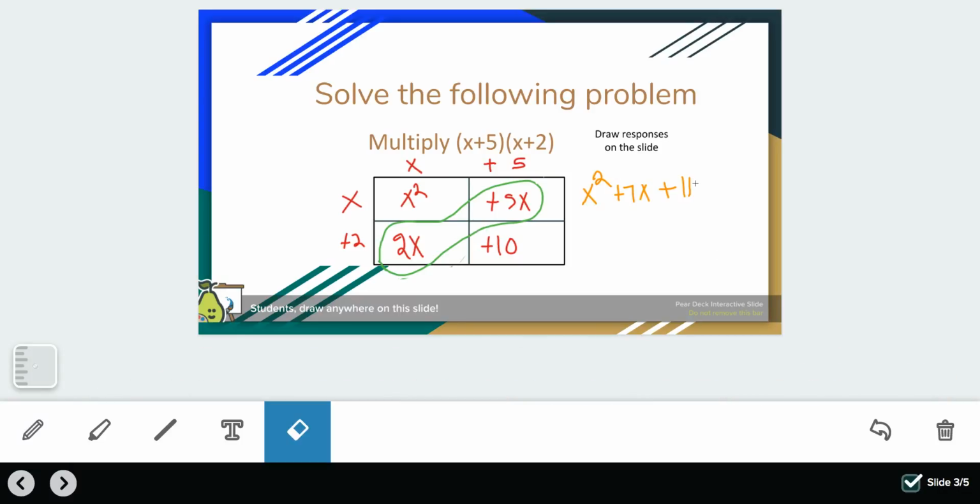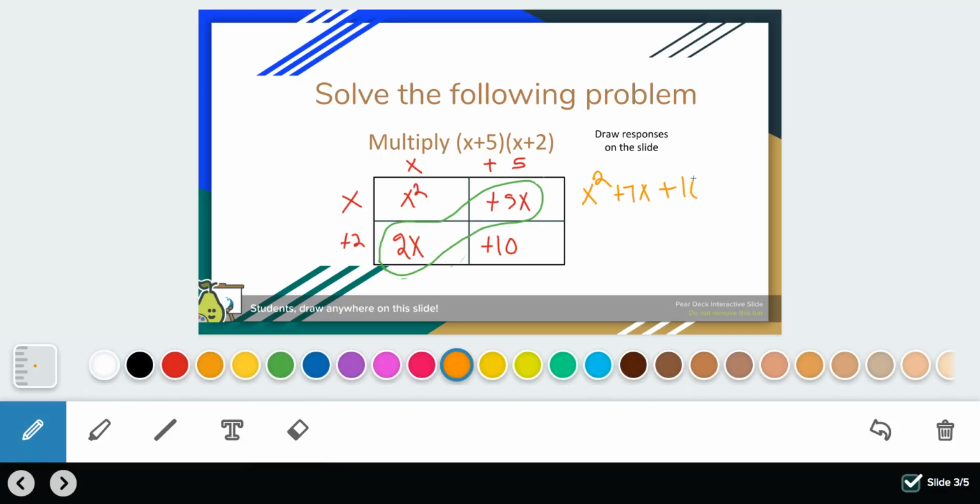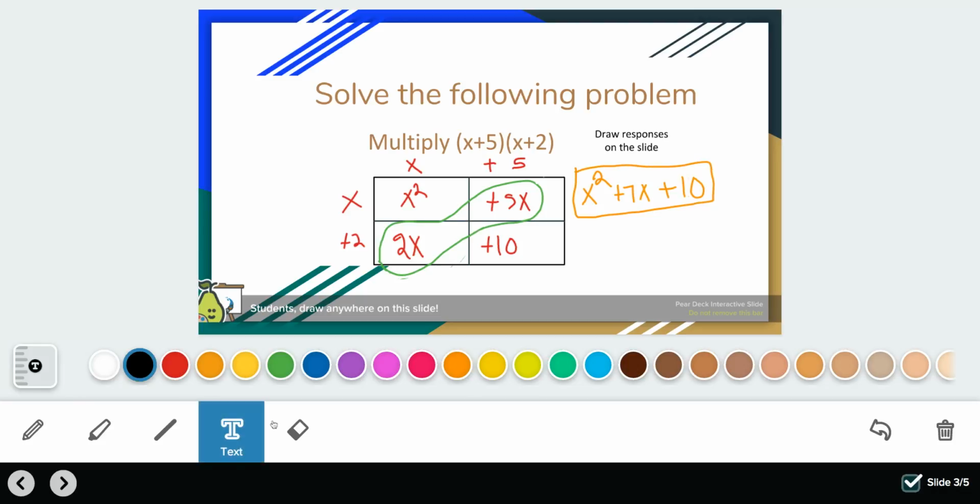Whoops. That would be 10. So those of you that like to draw, this will be like a really fun activity. You can box it if you want. That way I know you know what the answer is. And you can just type, hey, answer.